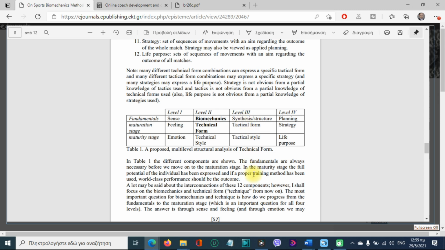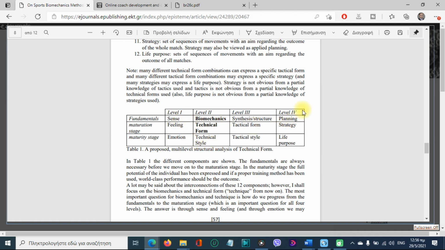This shows us how we should create a coach development program, how we should create athletes, how we should develop people into experts, not only motor experts that just hit the ball well, but complete human beings that are also experts in tennis.